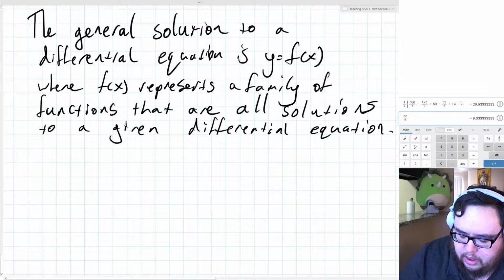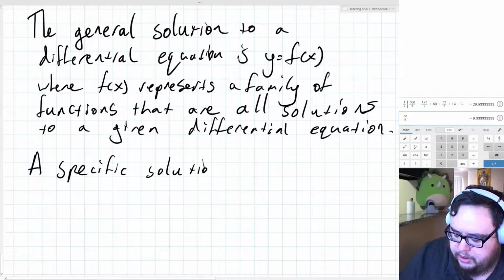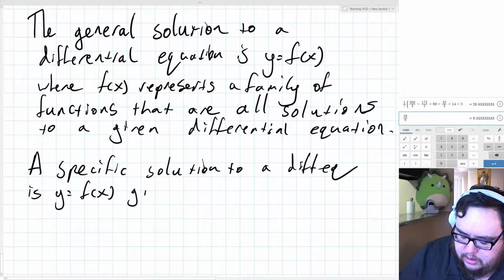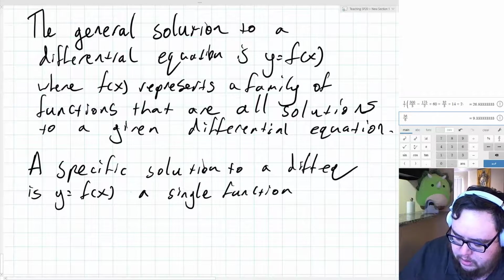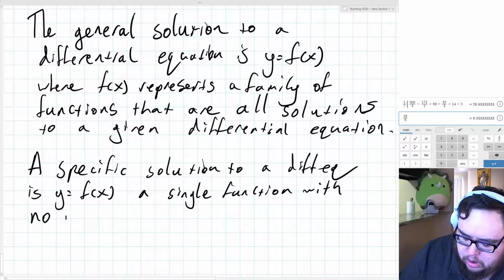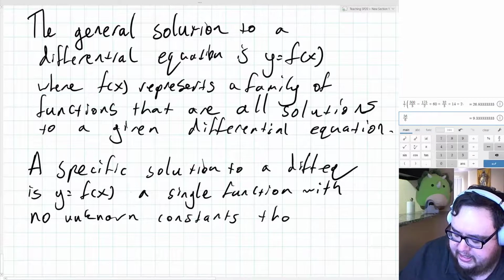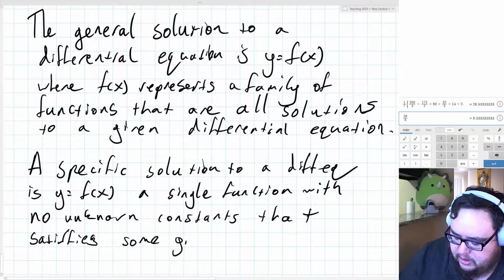We can also give a specific solution to a differential equation, which is y equals f of x, a single function with no unknown constants that satisfies some given initial condition.